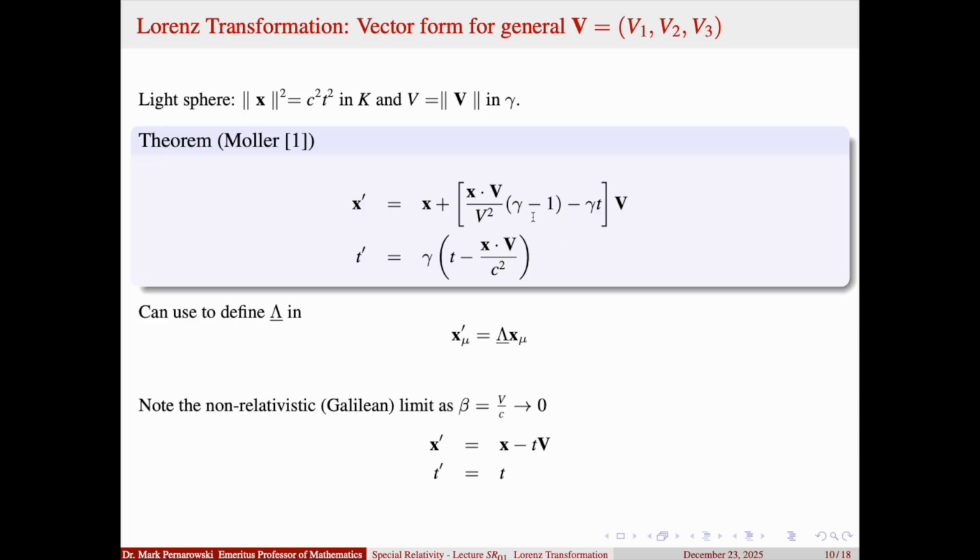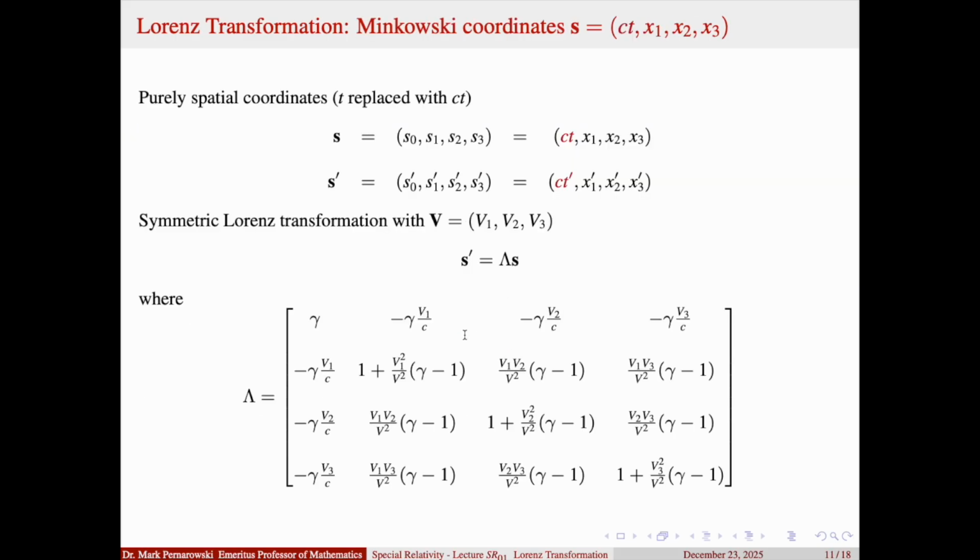But what you can do with these two formulas is rewrite them into a matrix form. This is for the most general v, and I can figure out what the new lambda matrix would be to transform K coordinates to K prime coordinates. Just before we do it, I want to introduce a slight change in the coordinates.